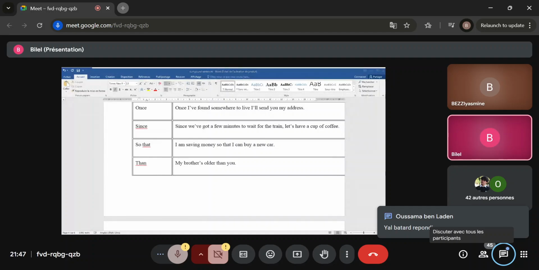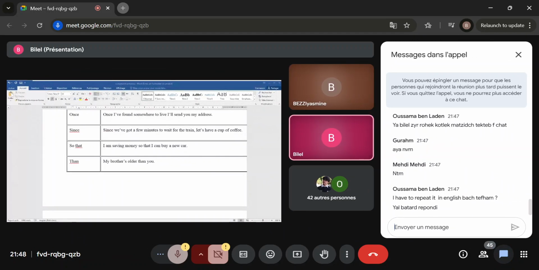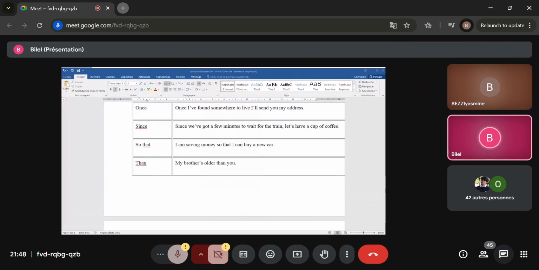And look, two independent clauses, we call them compound. Compound sentence.